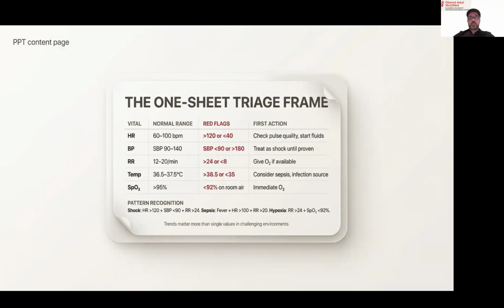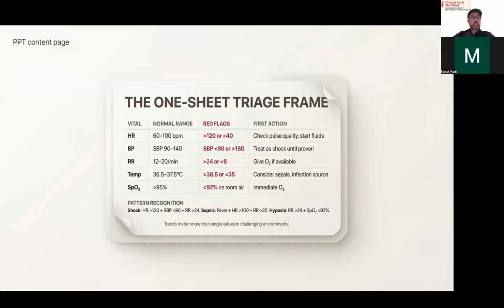Sometimes medications have even been given to bring the heart rate down. Then the blood pressure starts to drop, the systolic blood pressure less than 90 or more than 180. For these, you need to make sure that you start some fluids to bring the blood pressure up or to bring the heart rate down.